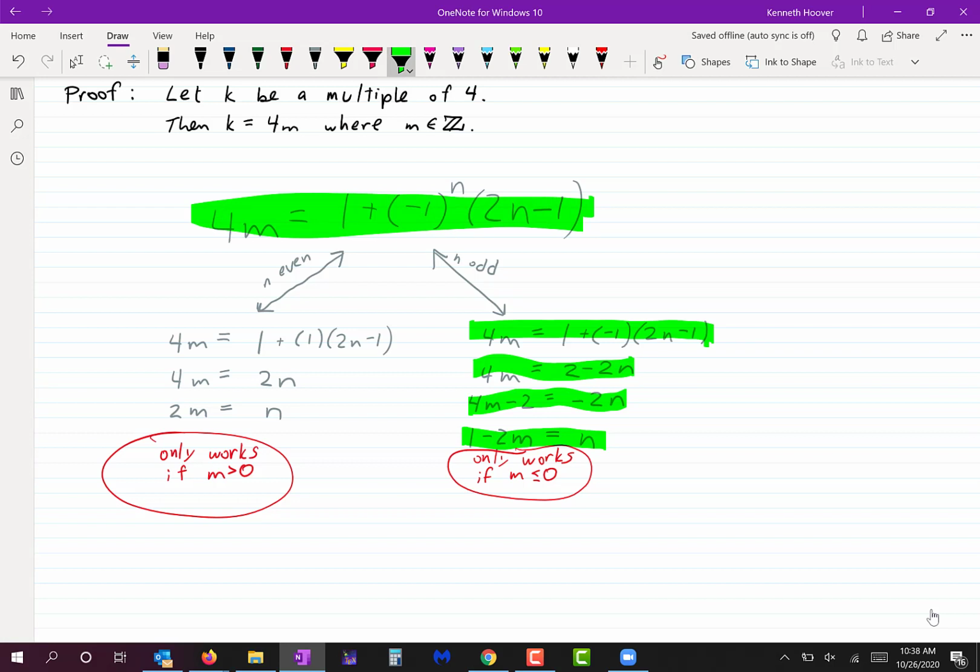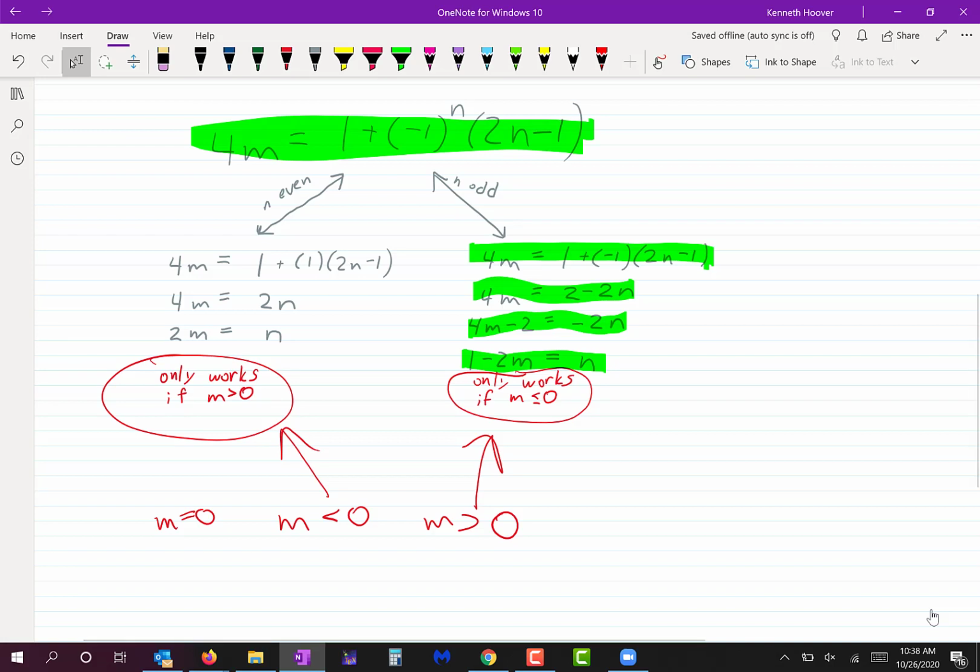That's how it's going to work. So here's our two cases. Now the book separates it into three cases. It does m equals 0, m is less than 0, and m is greater than 0. Why did they do that? I have no idea, because it's entirely unnecessary. Because these two cases, there's no reason whatsoever that they can't be done together.